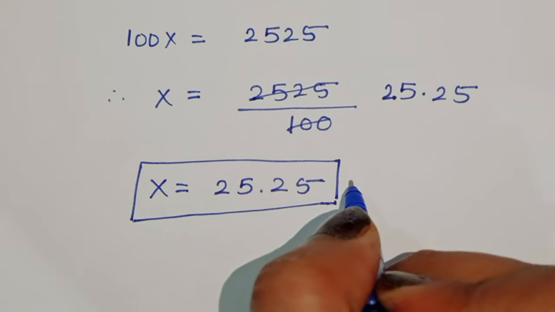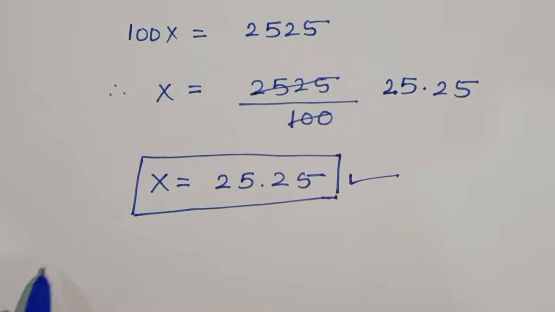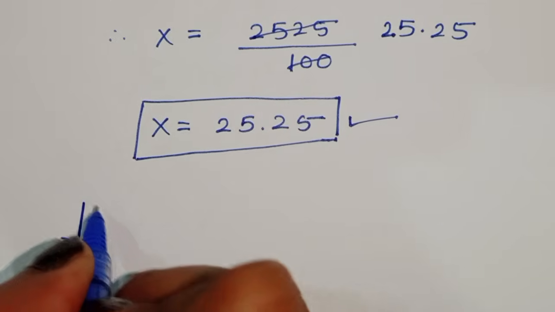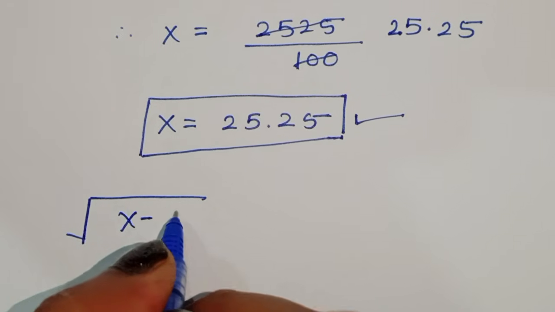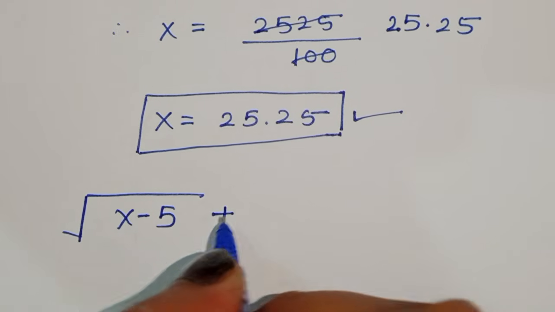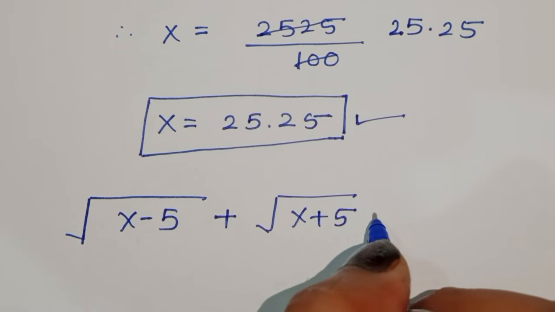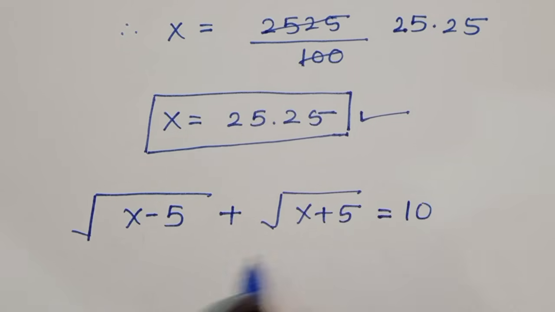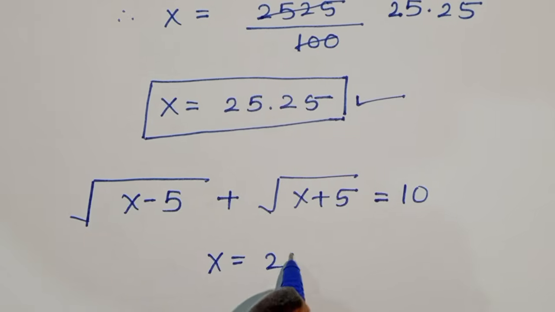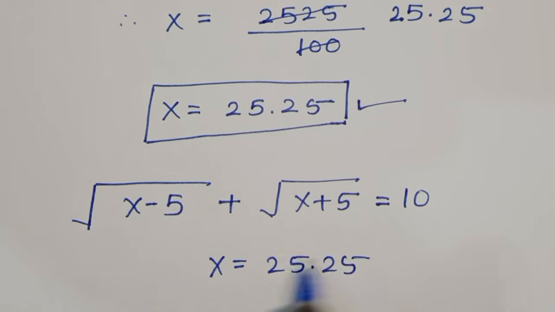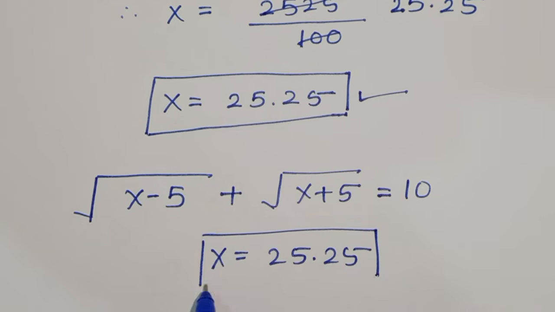This is the solution for this equation. So the value of x for which square root of x minus 5 plus square root of x plus 5 is equal to 10 is 25.25. This is the solution. Thank you.